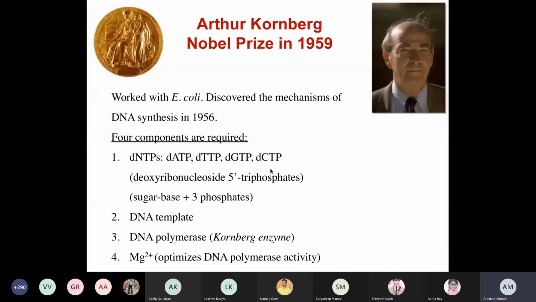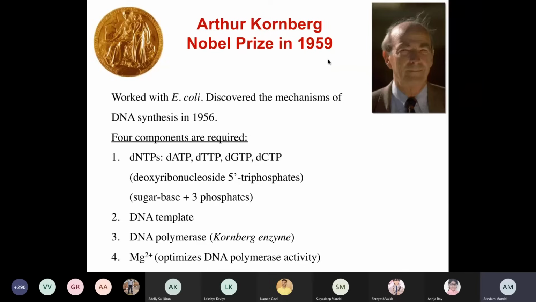And Professor Arthur Kornberg, almost at the same time, was working to understand the mechanism of DNA replication. He elucidated the mechanism in 1956, and subsequently he got the Nobel Prize in 1959.